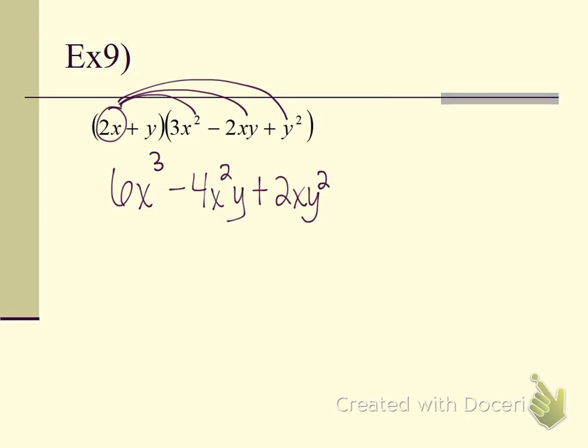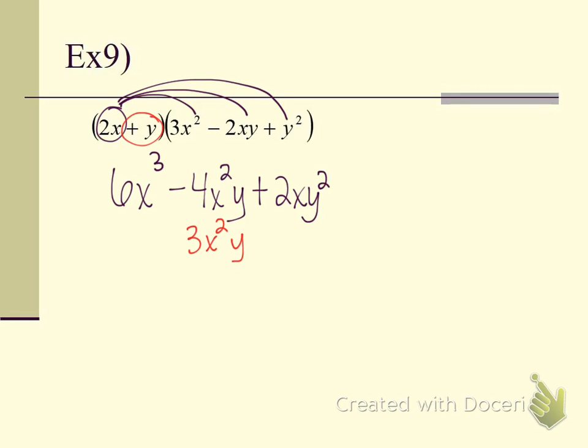2xy squared. Now, I will tell you that when you start distributing the y, when you write your terms, I would put your variables in alphabetical order. Meaning when we multiply y times 3x squared, I'm going to write it as 3x squared y, so that I'm still in alphabetical order.